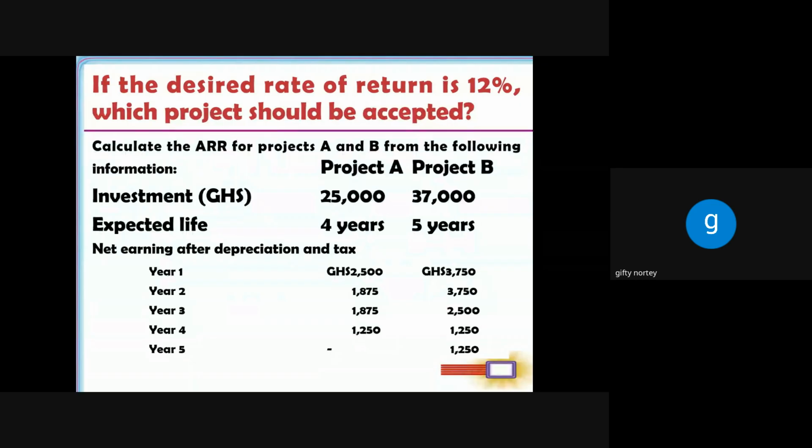Sir, the average, I had 1750. And then the ARR, I had 4.729%.